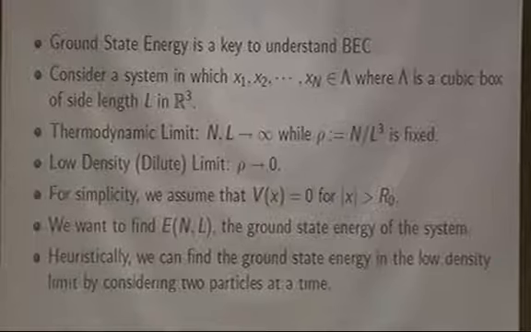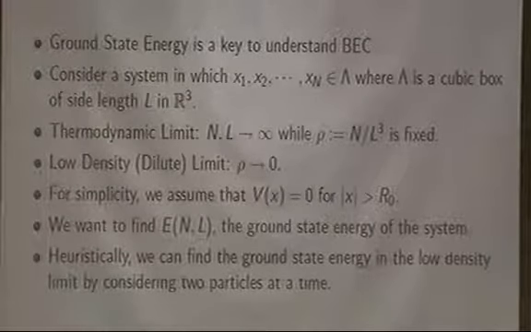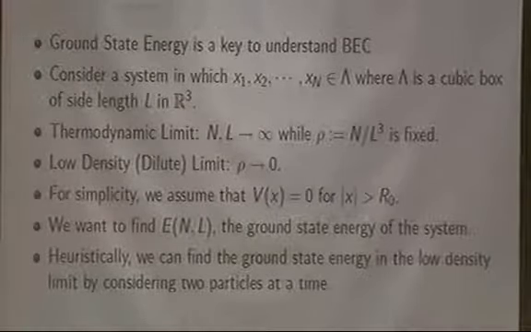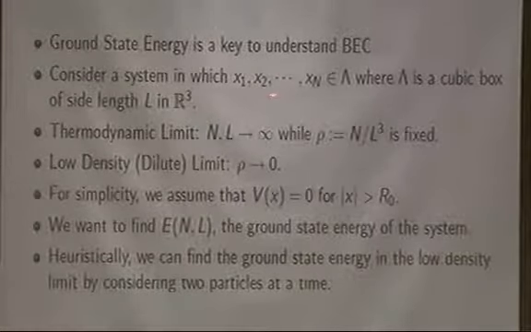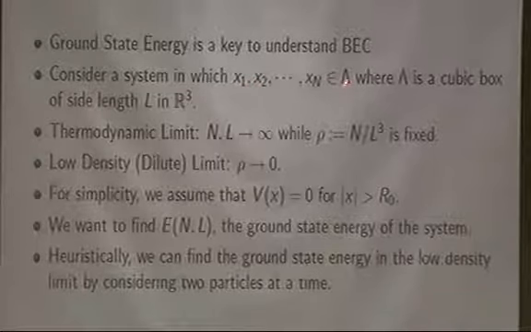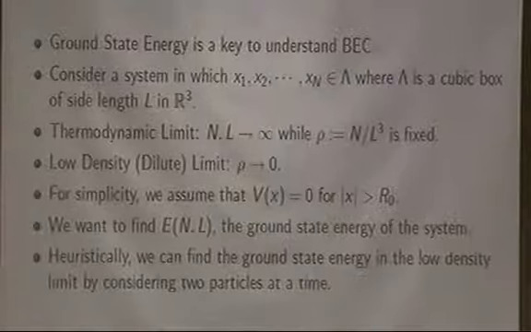So, to have a framework to understand this ground state energy, we're going to consider a system in which the particles are in lambda, which is a cubic box of side length L in R3.